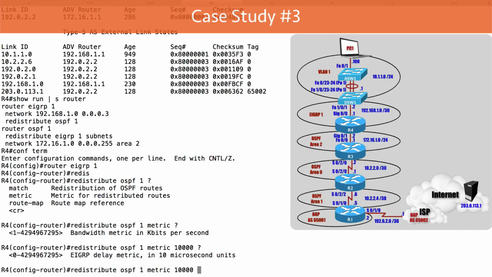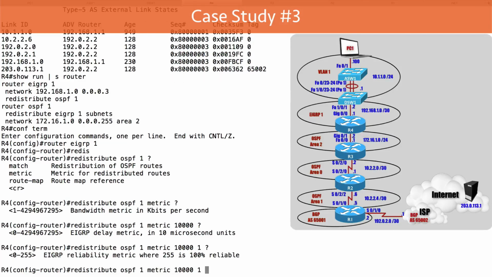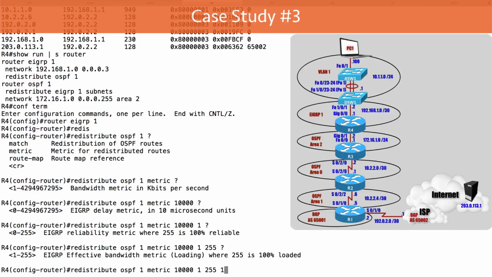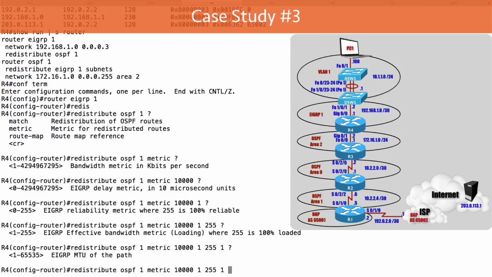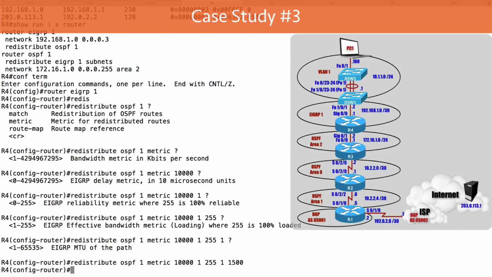I'll say that my delay is 10 microseconds, and the unit of measure is tens of microseconds. So I'll just give a 1 there to indicate 10 microseconds. And I'll say that I am 100% reliable, I am minimally loaded, and I've got a default maximum transmission unit of 1500 bytes. Now that I've set that, the metric gets applied to OSPF routes that are being redistributed into EIGRP.